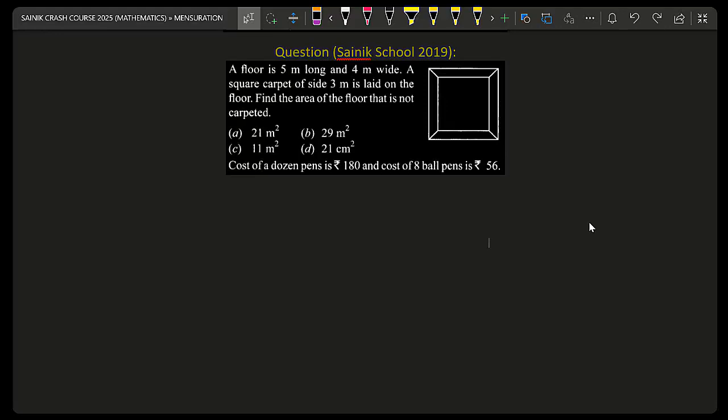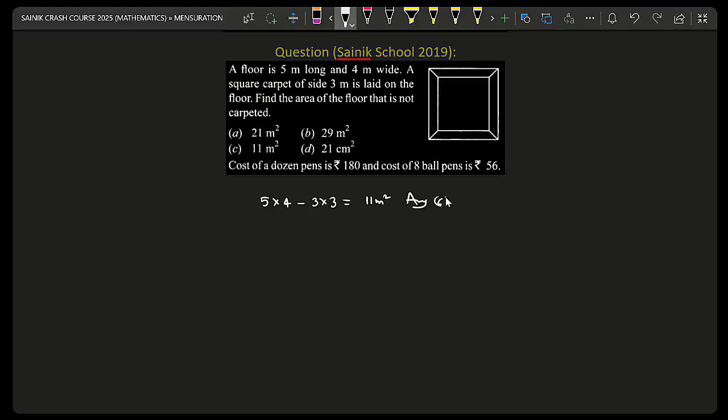Okay, what is the area of the outer rectangle? Sir, 20 meter square. Okay, 5 into 4, length into breadth, minus, what is the inner square area? Sir, 9 meter square, 3 into 3, that is side into side. Now simplify, 20 minus 9. Sir, 11 meter square. 11 meter square, option C.